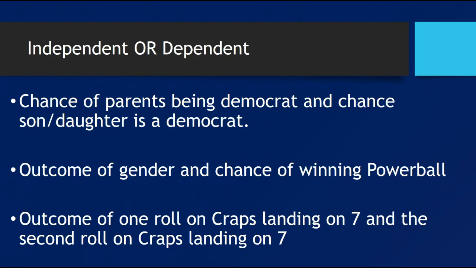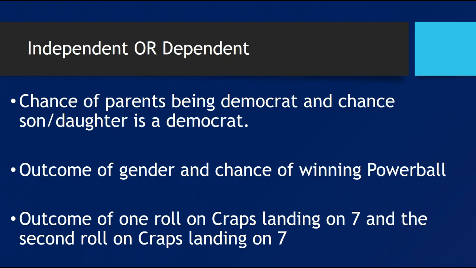So if the 2 dice add to a 7, that means something. So if I roll dice and the 2 dice add to a 7, and then on my second roll, the exact same probability of landing on a 7 exists. So the first roll and the second roll are not affecting each other. So these are independent events.